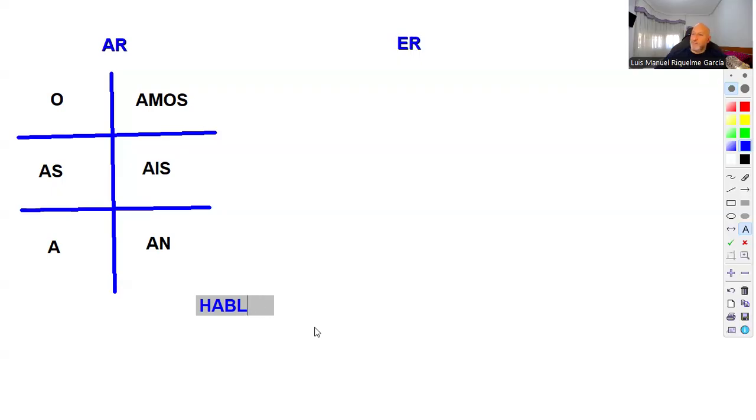So basically what I've been doing is adding these endings to the stem of the verb. That is the only thing I have to do. And that will work with any verb as long as those verbs are regular. How do I know if a verb is regular or not? I have to get familiar with them. I have to discover them little by little, and I will simply know.